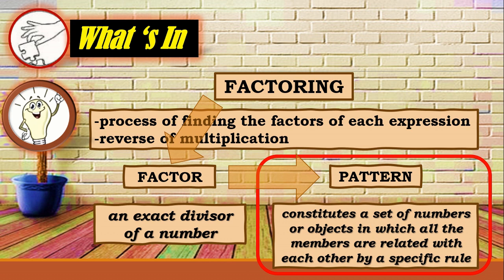What is a pattern? It constitutes a set of numbers or objects in which all the members are related with each other with a specific rule. Now let us remember these three terms: factoring, factor, and pattern.